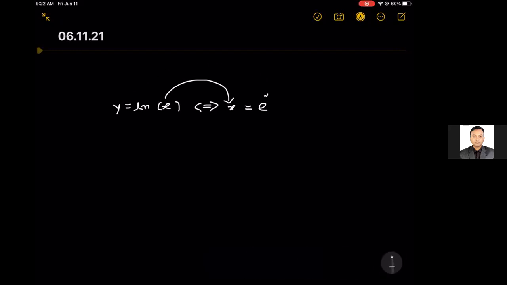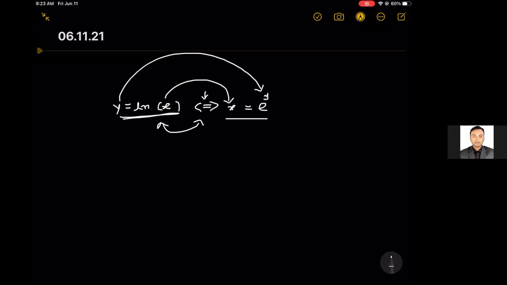And it actually works both ways. That means whenever you have this format, you can write this one, or whenever you have this format, you can write this one. This sign here means it works both ways. That means if you have either one, you can replace it with the other.